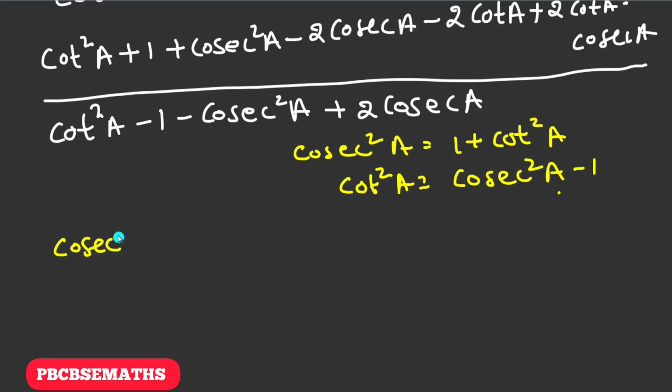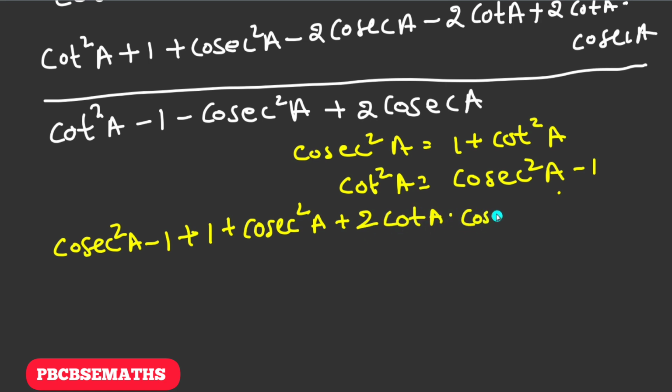Then by rewriting this cot square A as cosec square A minus 1, we have cosec square A minus 1. Then let's write this plus 1. Now write this plus cosec square A. Then I am going to write this plus 2 cot A into cosec A. That is, I am rearranging these terms.